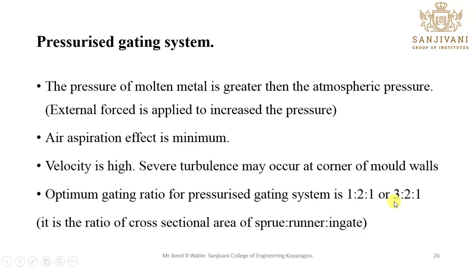If you want a pressurized gating system, the cross sectional area ratio of sprue, runner, and gate should be 3, 2, and 1. So the cross sectional area of the sprue is more compared to the runner, and that of the runner is more compared to the ingate. This should be the condition, and only then will you get a pressurized gating system.